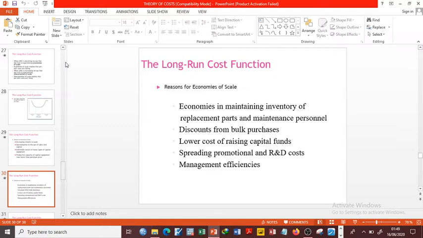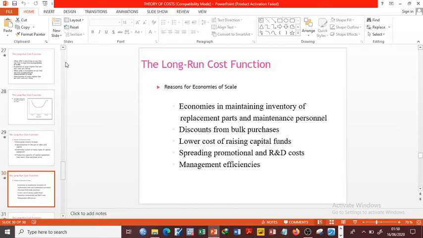Still on the reasons for the existence of economies of scale is economies in maintaining inventory of replacement parts and maintenance personnel. If you have machines that are always getting faulty, you're always repairing these machines, then it's going to increase your costs, and increasing costs will reduce your output.